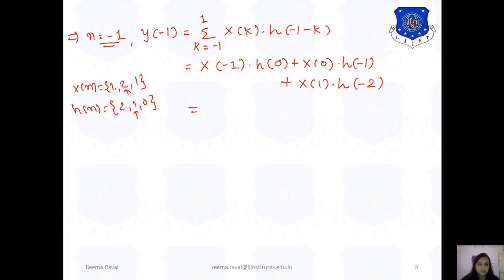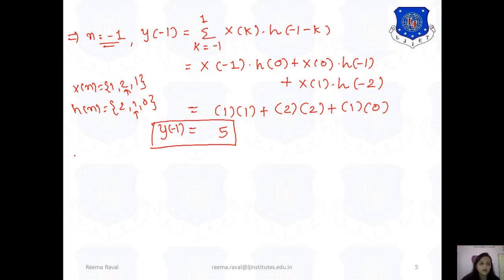X of minus 1, that is 1, h of 0, that is 1, plus x of 0, 2, h of minus 1, 2, plus x of 1, 1, and h of minus 2 is not there, so it will be 0. So the value of y of minus 1, that is equals to 1 plus 4, that is 5.